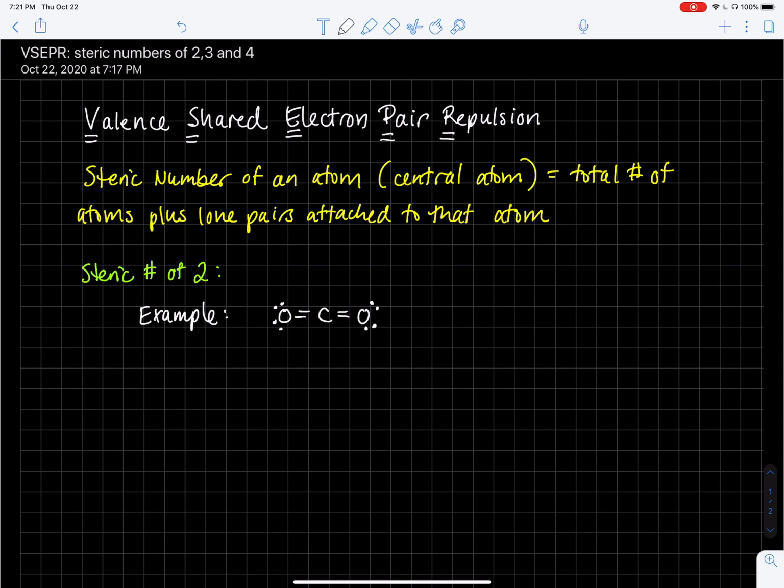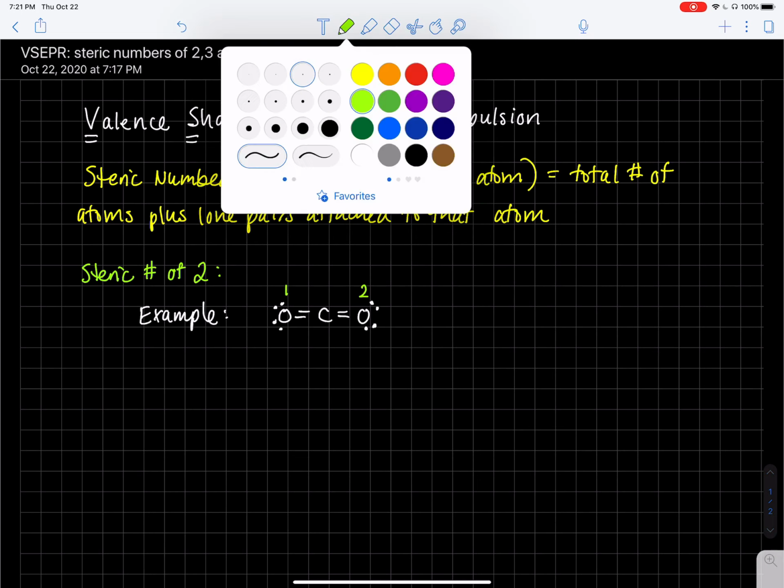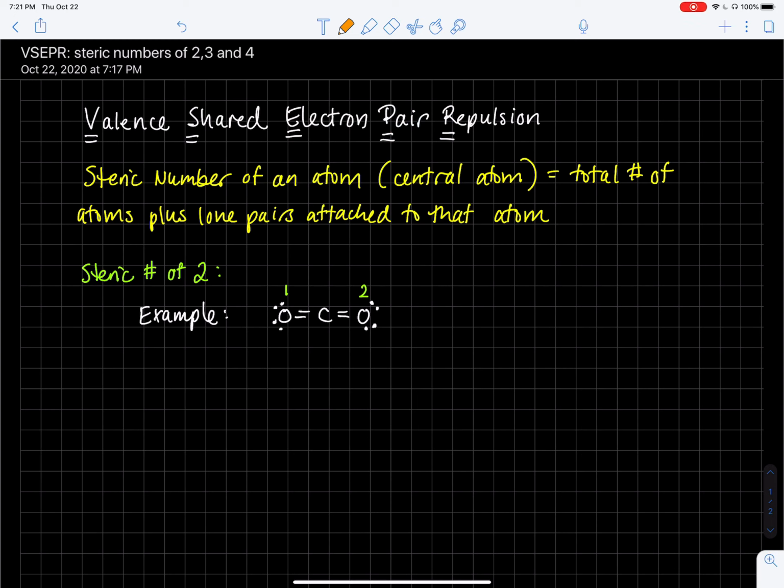So the carbon is the central atom, and it has 1, 2 atoms attached to it. It has a steric number of 2, and so the geometry of something with a steric number of 2 is linear.